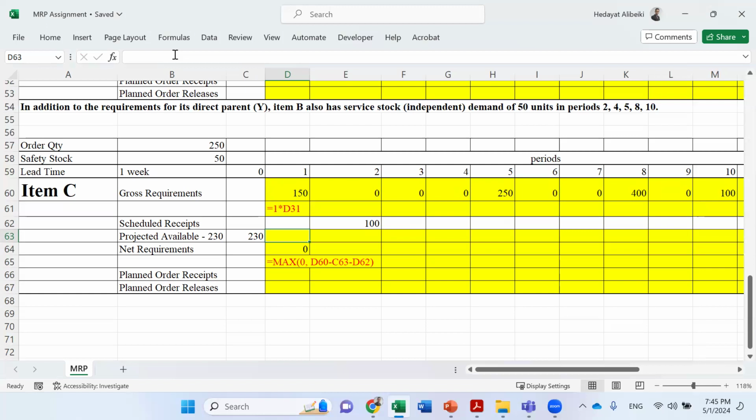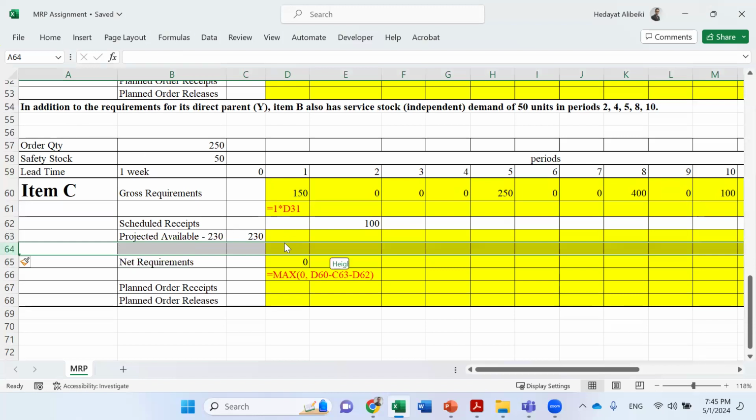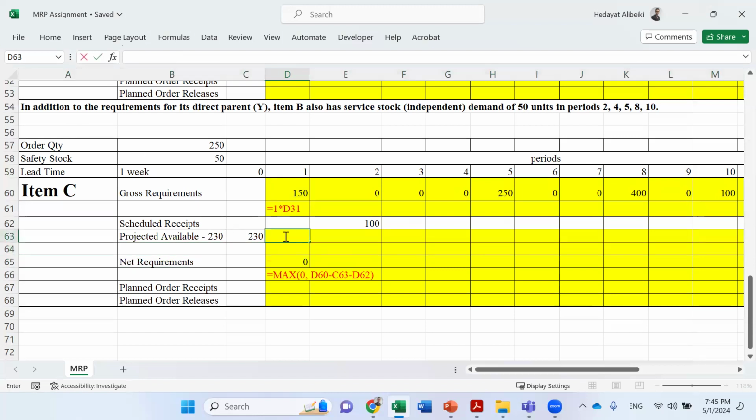Just go ahead and calculate on-hand inventory. It'll be equal to previous inventory plus scheduled receipt plus planned order receipt minus gross requirement.